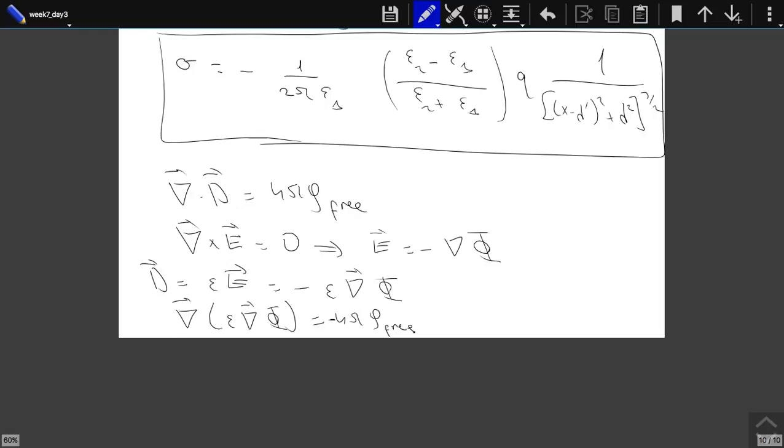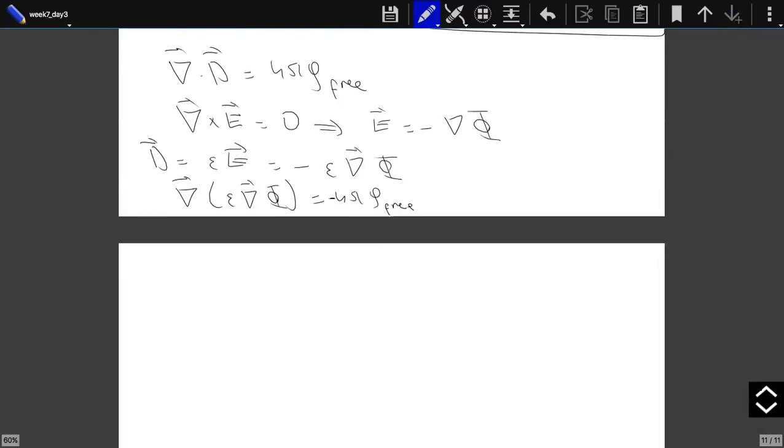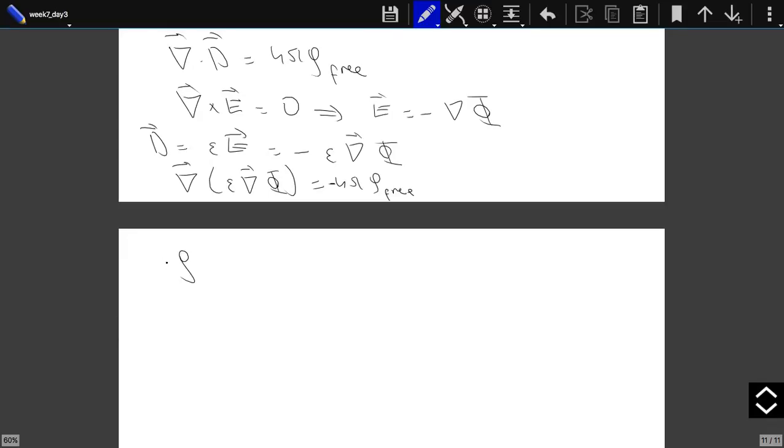Well, we said rho free is equal to 0 in region 1 and region 2. But we didn't say the charge rho bound is 0. What do you mean by charge density? You see, the total charge density will be rho free plus rho bound. Rho free can be 0, but that doesn't mean rho bound has to be 0.